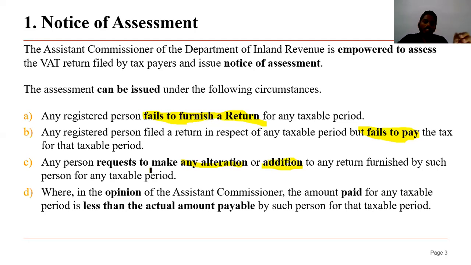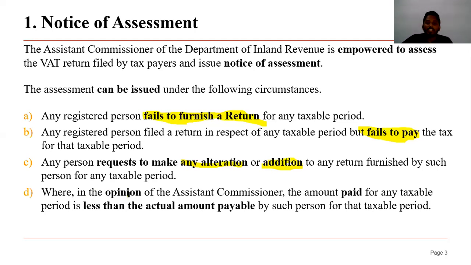What you normally do is submit the amended VAT return. Then, in order to amend the return, the system will automatically generate the assessment to alter the previous amount, or else we call it an addition, right?